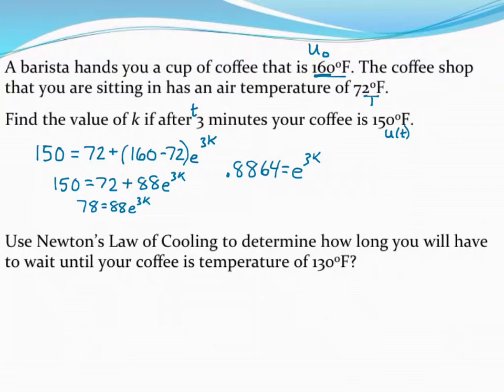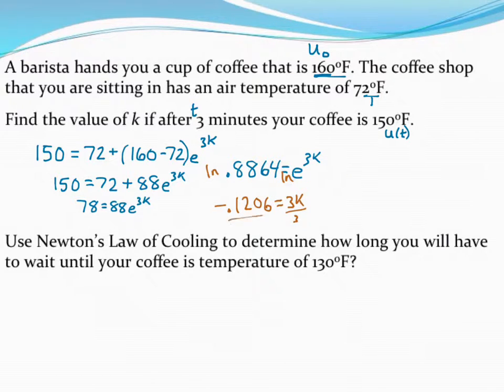So now at this point, I need to switch over and use some logarithms. To get rid of a base of e, I'm going to take the natural log of both sides. Once again, try to avoid having that part rounded. Do the natural log of the full thing on your calculator to be as accurate as possible. That works out to be about negative 0.1206 equal to 3k. And once again, use that full number on your calculator.